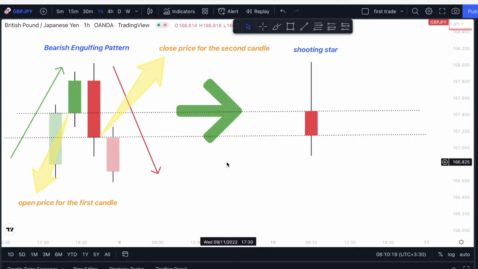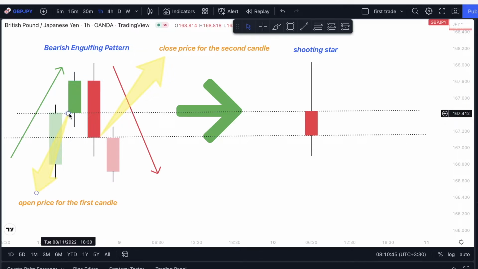As you can see, I have this bearish engulfing pattern here. This is my bullish candle, the green candle, and this is my bearish candle, the red candle. On the first candle, the opening price is this level, and the closing price is this level.